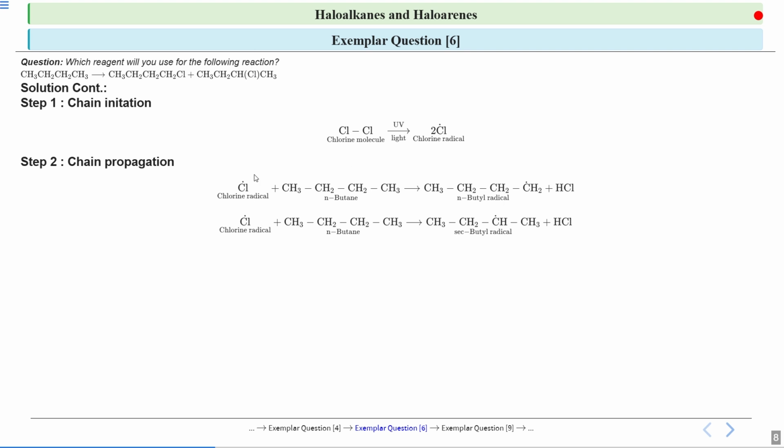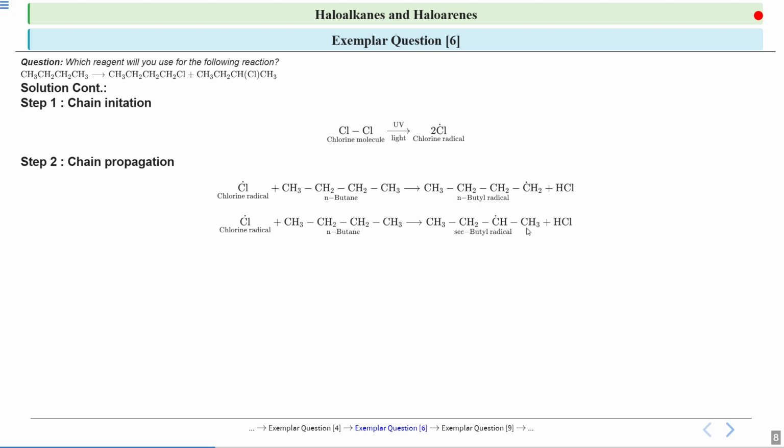So when the chlorine radical attacks this alkane and replaces the terminal hydrogen or primary hydrogen, it will give us an n-butyl radical. And when the other chlorine radical attacks the same molecule of n-butane at the secondary carbon, then what will happen?